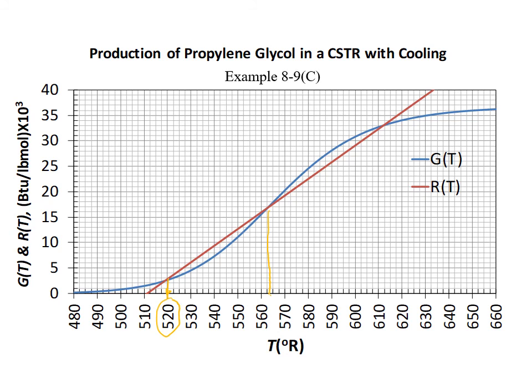And the upper steady state has a temperature of somewhere around 615, sorry, Rankine. So now we know how to read the steady state temperatures.